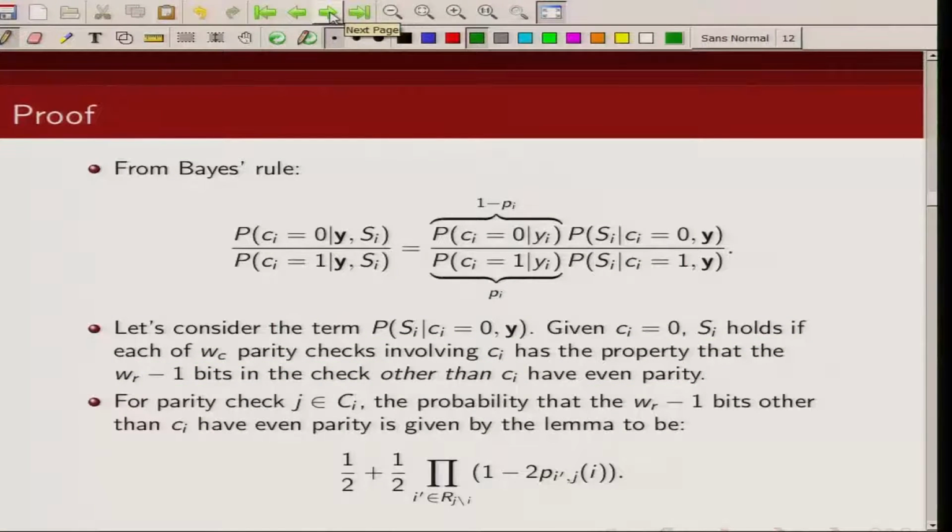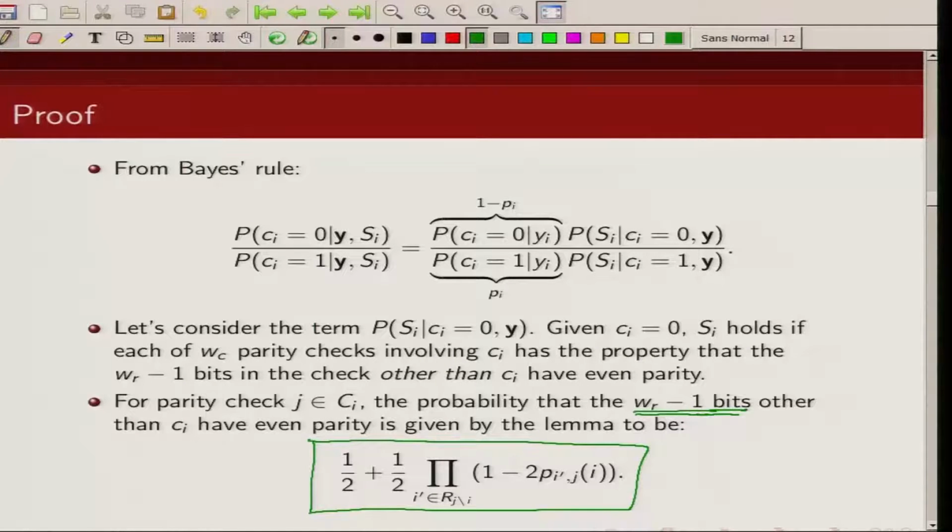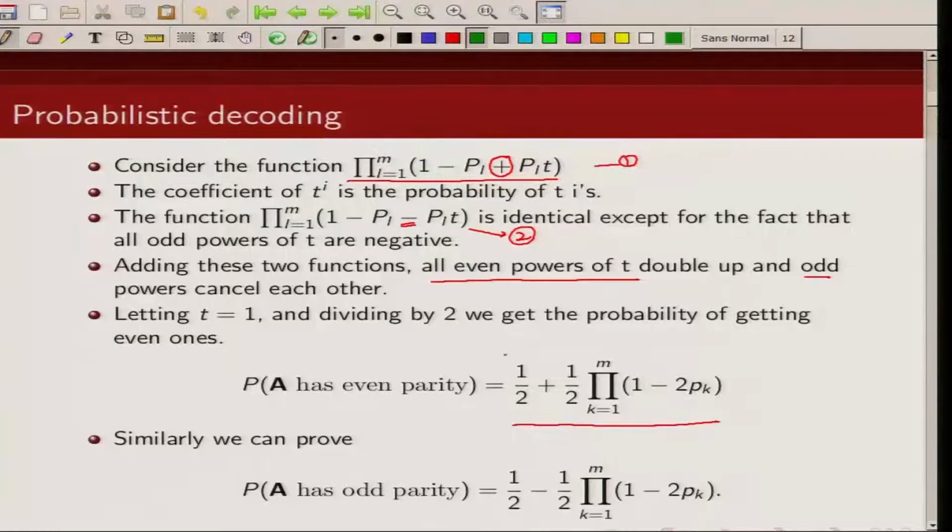Now, from the theorem that we have proved, we know what is that probability. Probability that other than Ci, WR minus 1 bits, they have even parity, that probability is given by this expression. If you go back, probability that m random variables have even parity is half plus half product of 1 minus 2 pk.